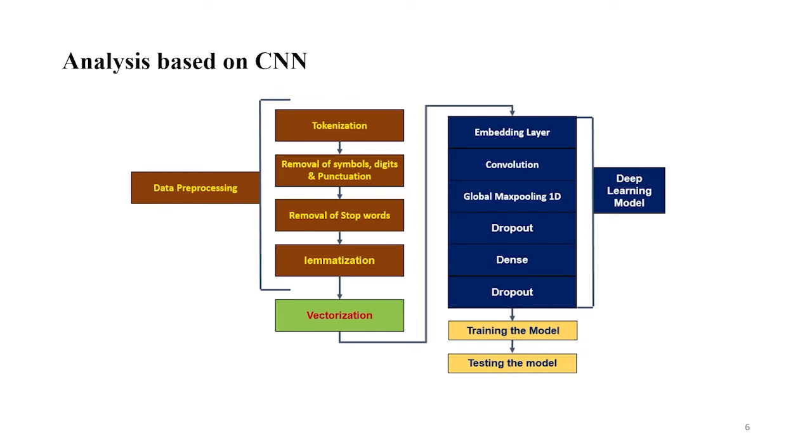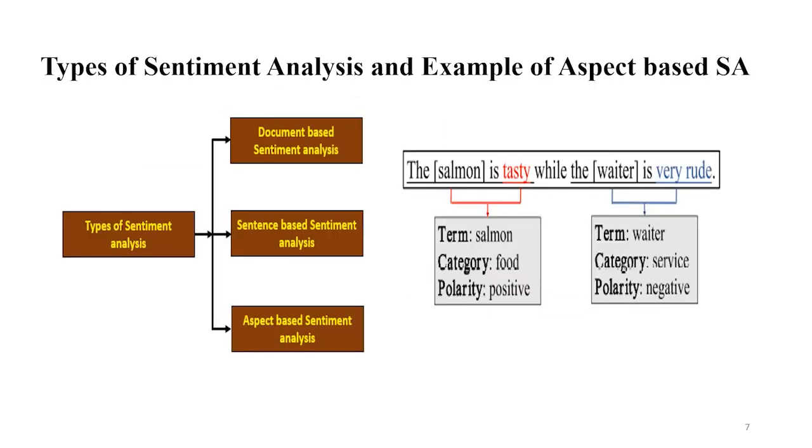And after that, training the model, testing the model, and using different deep learning models, we are performing all these processes. And here is the type of sentiment analysis. So there are basically three types: document-based, sentence-based, and aspect-based.